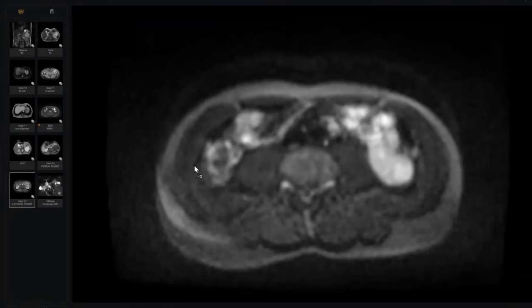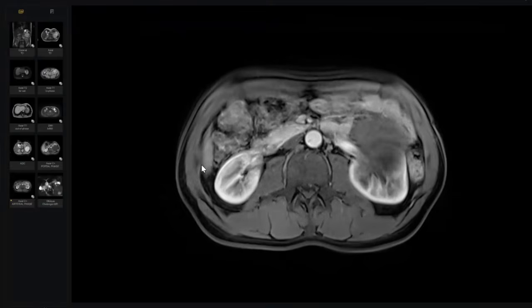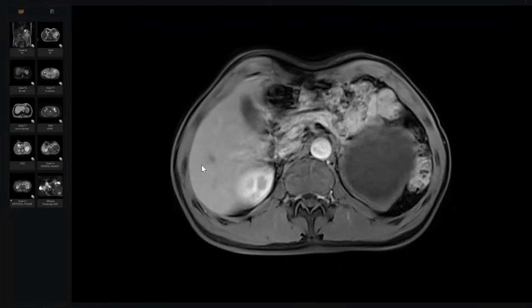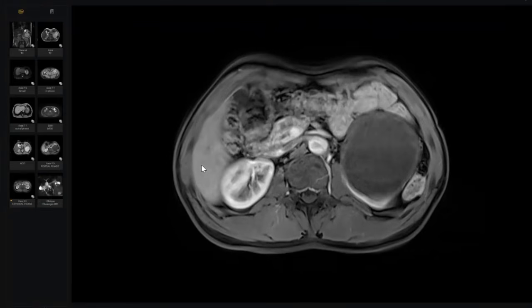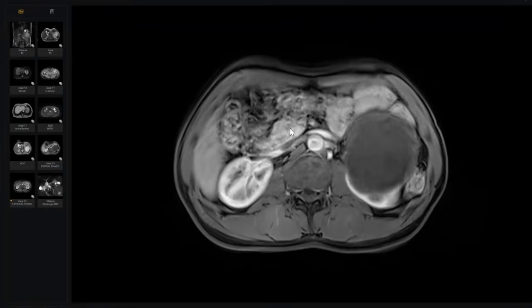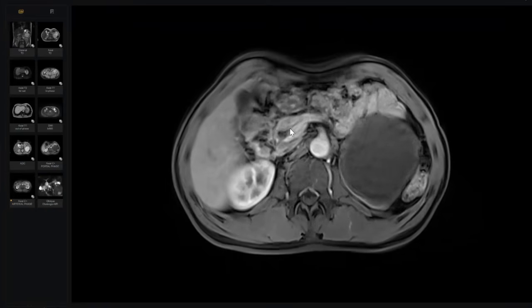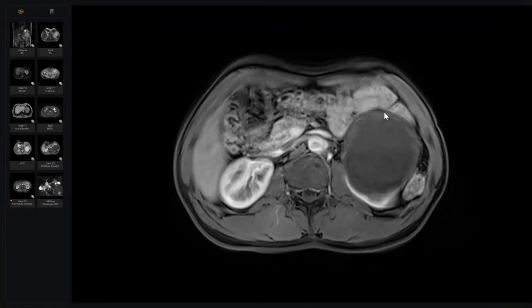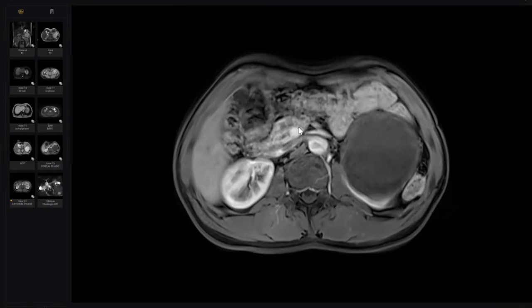Look here again in the arterial. What happened? Look at the pancreatic head. Look, this one. I know it is very confusing because it is very near the vessel. One, two, one, two. So it is a case of von Hippel-Lindau syndrome.